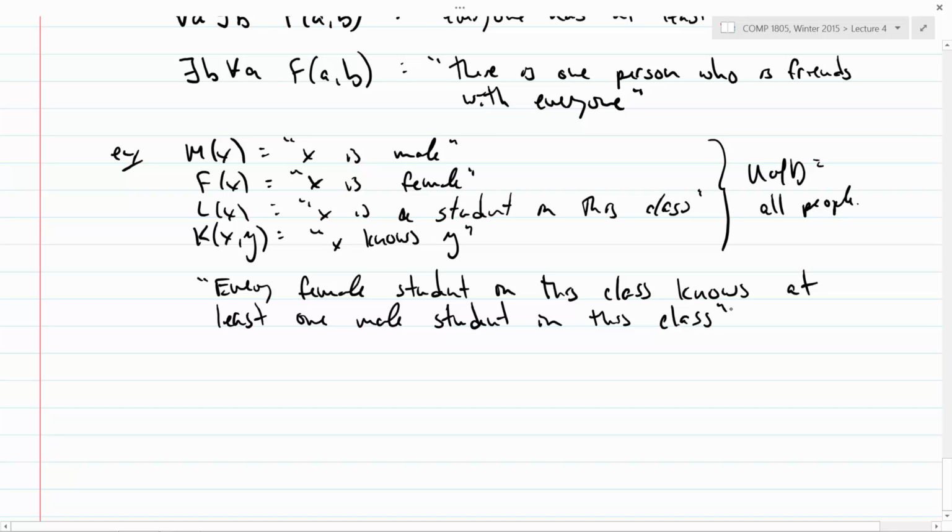Yes. For all x, F(x) implies, for all x. Okay, that's okay. Someone else? Yeah? You can, yeah. As long as you're consistent, you can plug in any value.